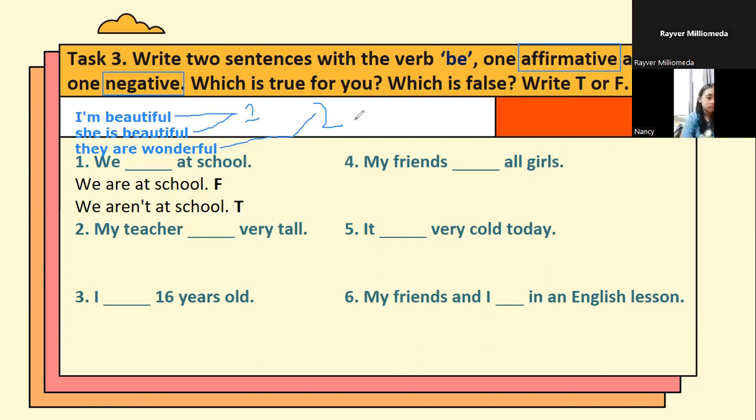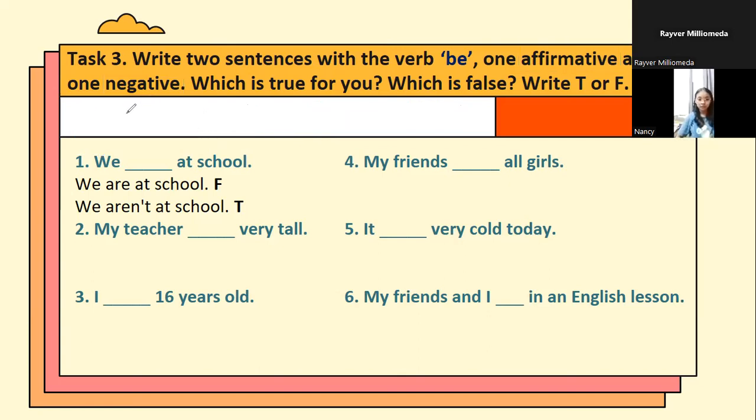Two more. Okay, so did you understand? And negative, it's like, no, I haven't. I haven't. And also, no, I don't like. No, I didn't, like that.